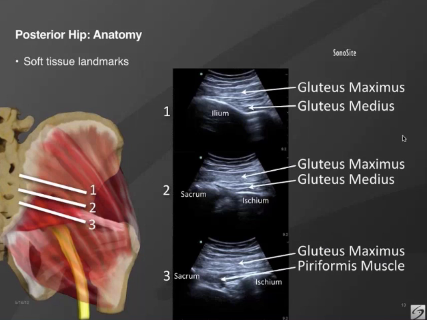Here is the important anatomy. You've got the ilium intact in plane number 1, gluteus maximus, as you see here. Just deep to that is gluteus medius. The ilium is intact. We have not yet come far enough inferior to see this here, which is the piriformis muscle.